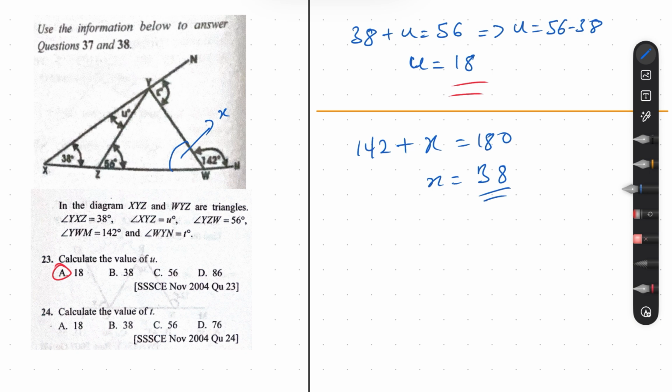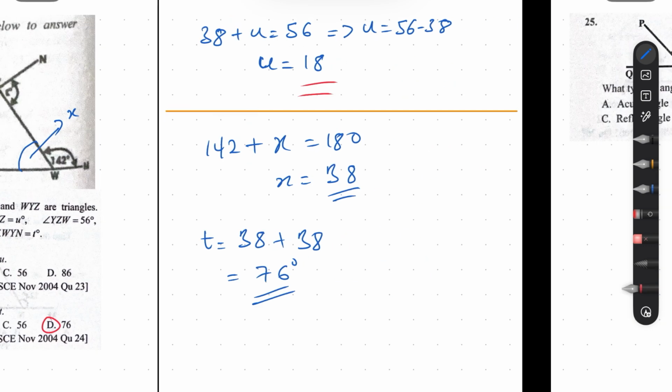Now, as we said earlier, this is a triangle. These two angles, when we add them up, should give us the external opposite angle. So this angle plus this angle should give us t. We found this one to be x, which is 38. So 38 plus another 38 should give us t. So t is equal to 38 plus 38, which gives us 76. So 76 is our answer.